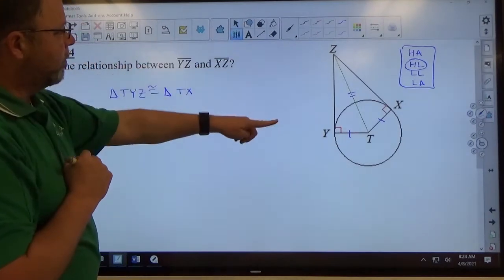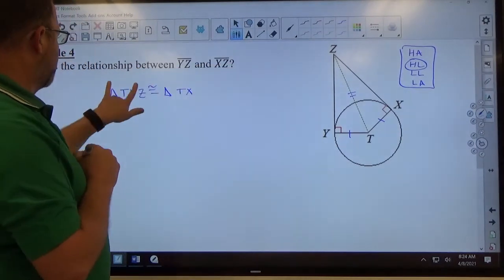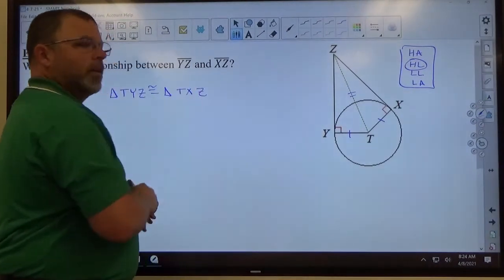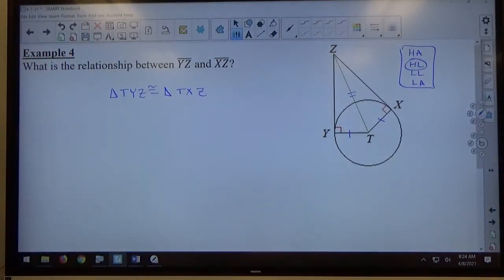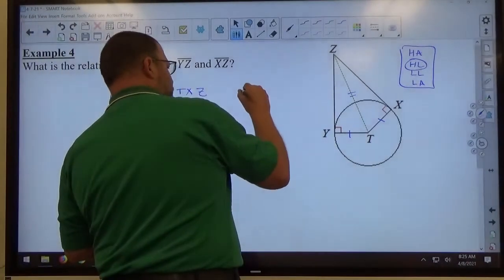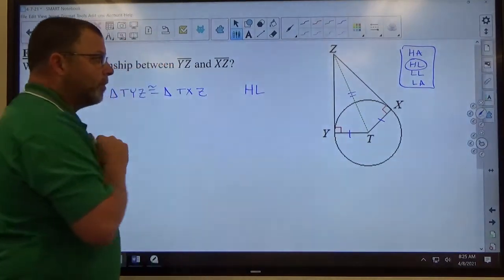I know tz matches tz, so tz first and last. So there's my congruent statement written in the proper order. And once I get the congruent statement, I can then lead to whatever I need to lead to. I'm not writing a proof here, but the reason why is, of course, hypotenuse leg.